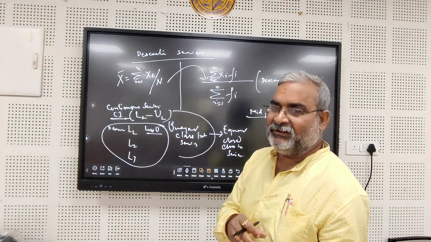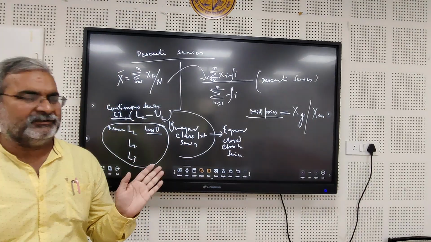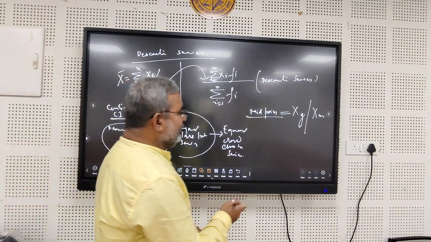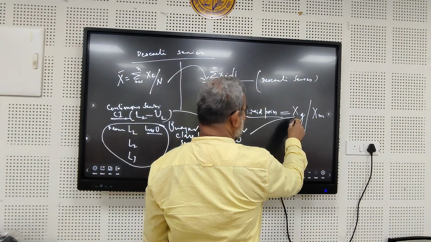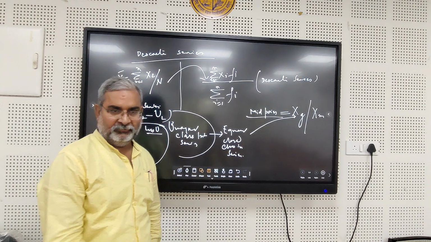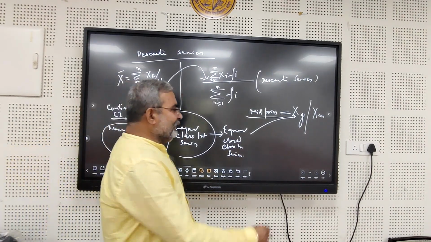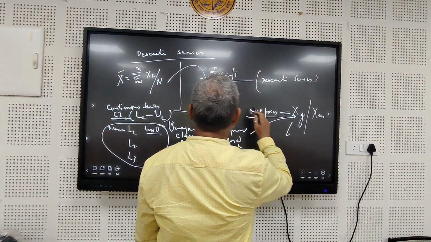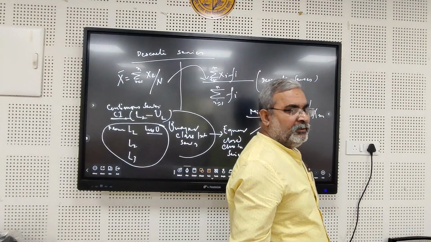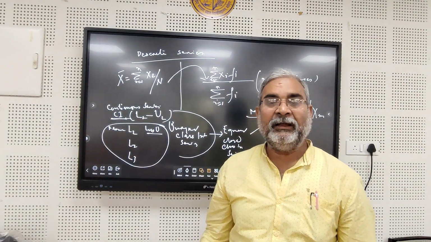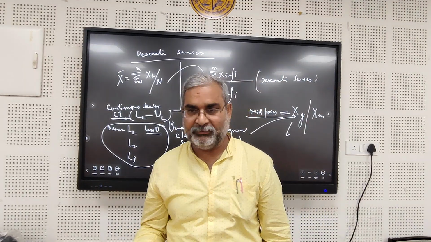In some books, xg is used. In some books, xm is used. जो भी यूज करिए, उससे कोई मतलब नहीं. And in this condition, the class interval is converted into the unit value. And now this formula is responsible for the frequency distribution.